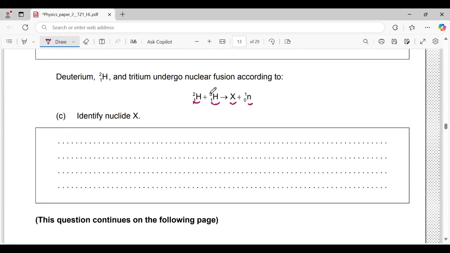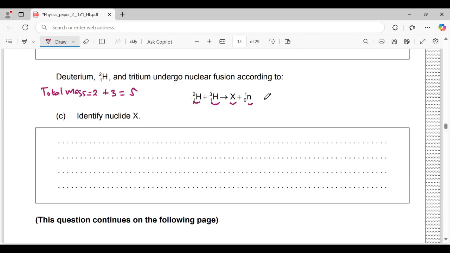Now the total mass. The total mass of deuterium, 2, and tritium, 3, equals 5. Total atomic number is 2.